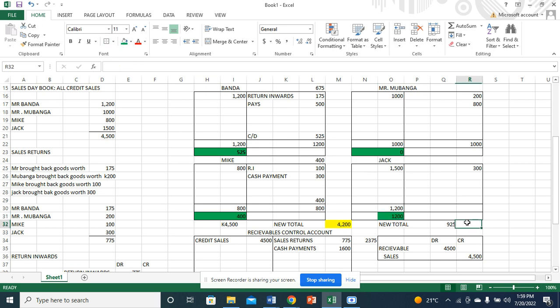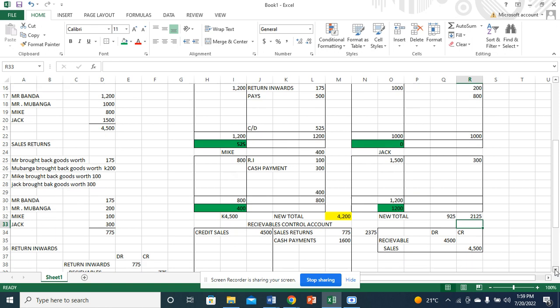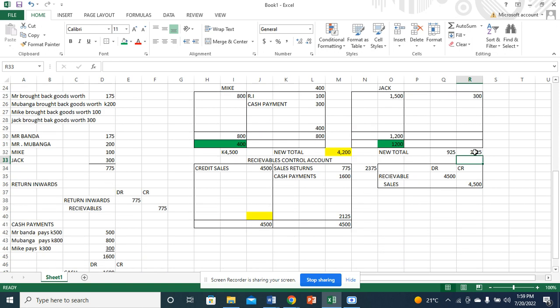So actually it's supposed to be 925 plus 1,200, 2,125. Yes. So they are equal.